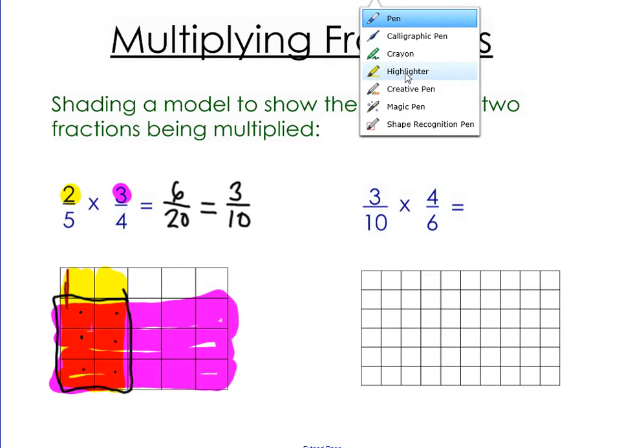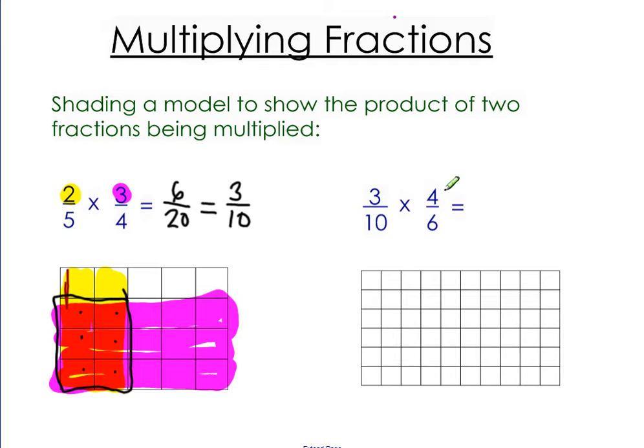Let's try this next problem. 3/10 times 4/6. So we have 1, 2, 3, 4, 5, 6, 7, 8, 9, 10 columns, and we have 1, 2, 3, 4, 5, 6 rows.